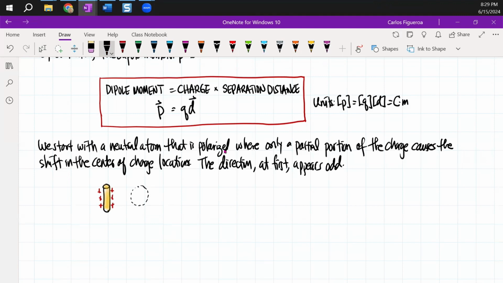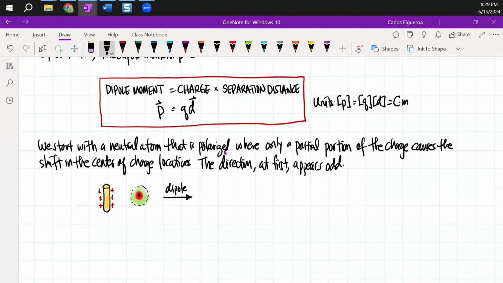When I look at my atom, the green here represents the electron and the red here represents the nuclei, and that rod then causes a shift where we now get a dipole.